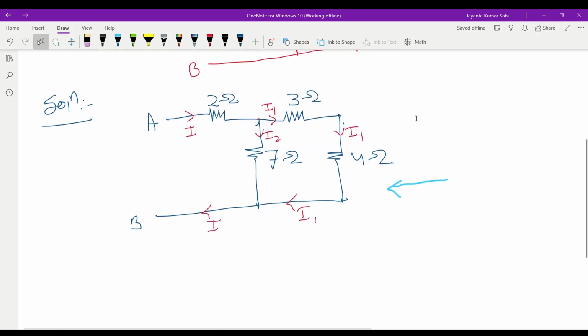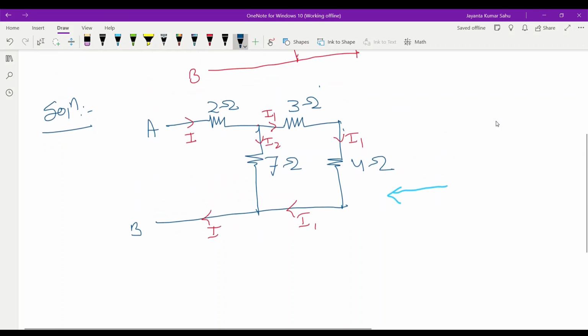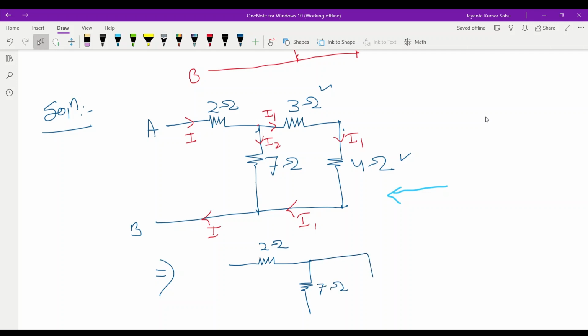Since in 3 ohm and 4 ohm the current I1 is flowing, both are connected in series, with the same current. In series connection the equivalent resistance is the algebraic sum. Here we get this type of circuit now: 2 ohm, here 7 ohm, this is 3 plus 4, that is 7 ohm, and here we get A and B. This is RAB.